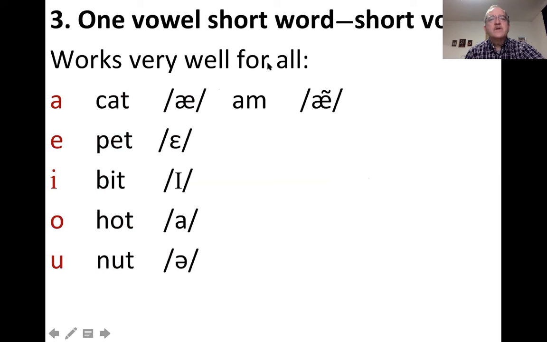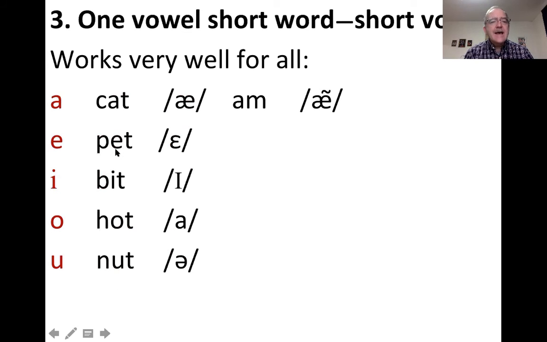The one word, short word works really good. Cat, pet, bit, hot, nut. Many of you need to be careful here. You have a habit of saying halt, stop, doctor, but you need to change that to hot, stop, doctor, okay? And here this nut, some of you are used to saying natto, but it's wrong, it's nut, okay?